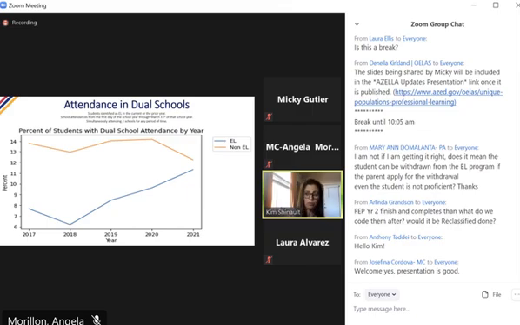And I also want to point out, when we're looking at this graph, that if you look at the far right-hand side where it says 2021 and you look at the EL data, that blue line, it says that about 11% of the EL students are enrolled in 2 schools at the same time. Now keep that in mind when I go on to this next graph.